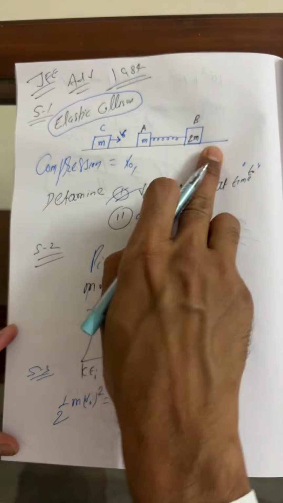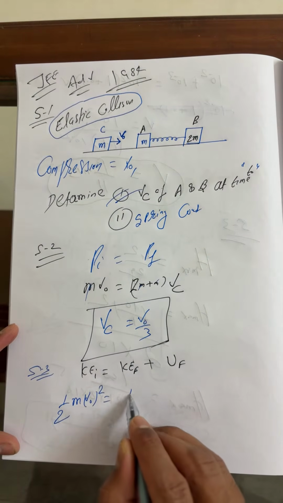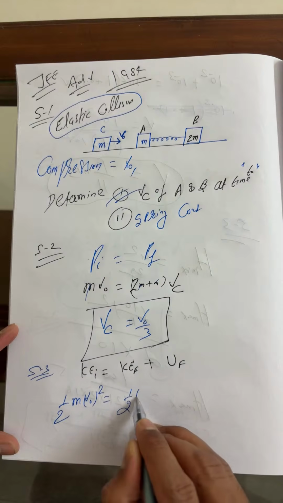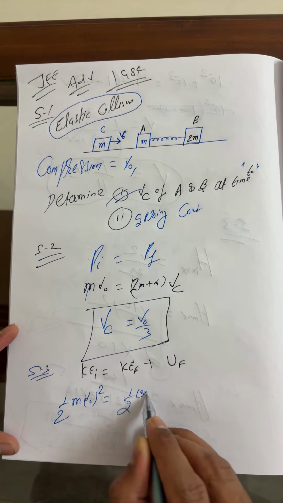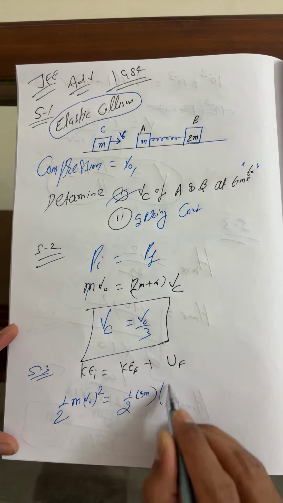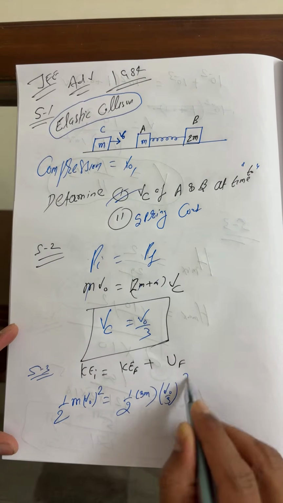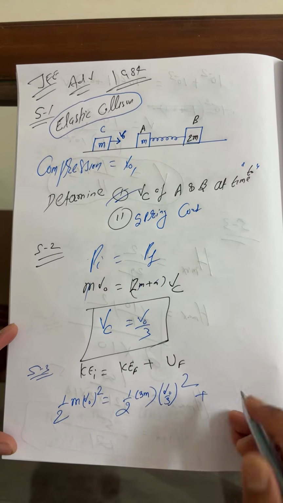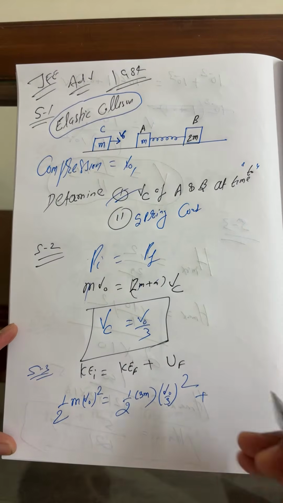Finally both blocks move together, so final kinetic energy is half of (2m plus m) times v squared, with v equal to v naught by 3, the whole squared.